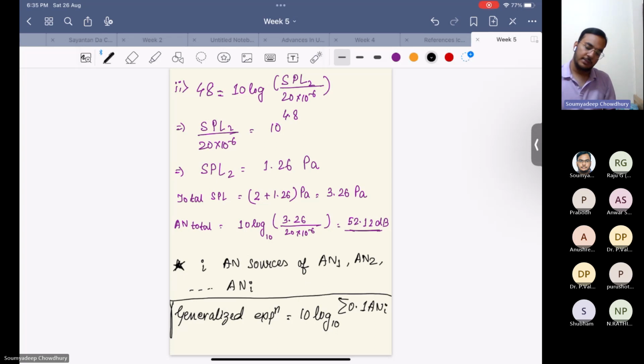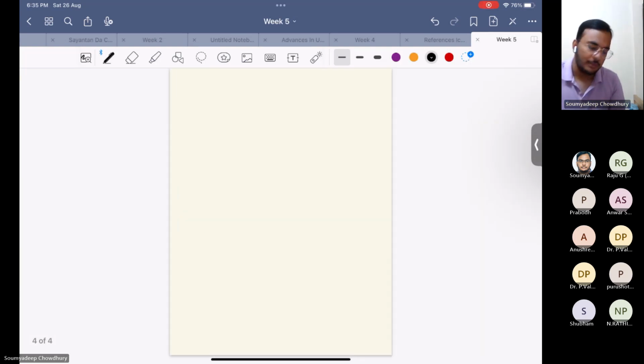You have to find the SPL level for all the audible noise sources, add them up, and then again find the total audible noise. If you have i number of audible noise sources, it will be 10 log 10 summation of 10 to the power 0.1 ANi. Okay. So now this question will be much easier to solve.